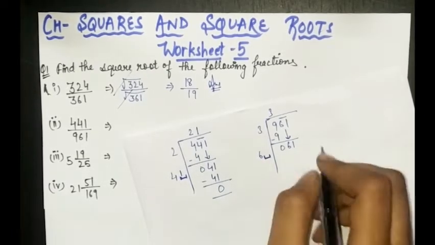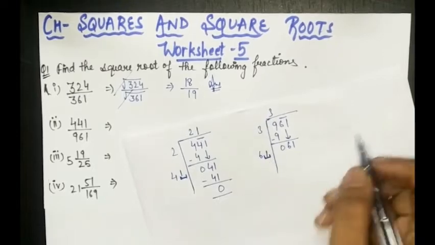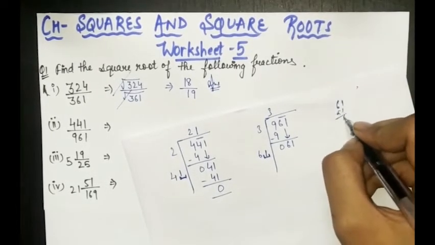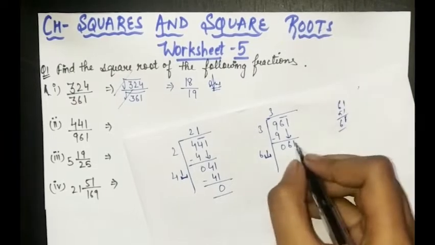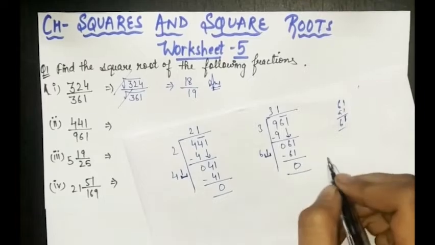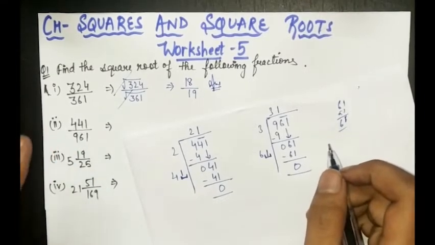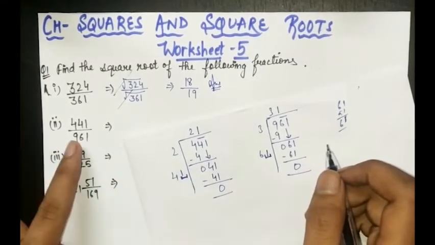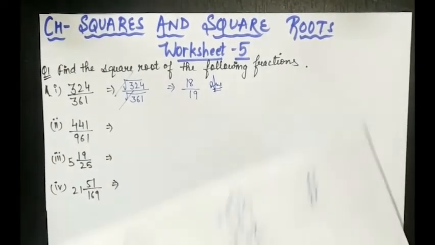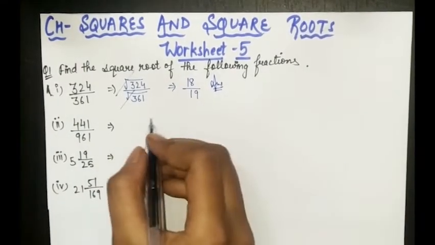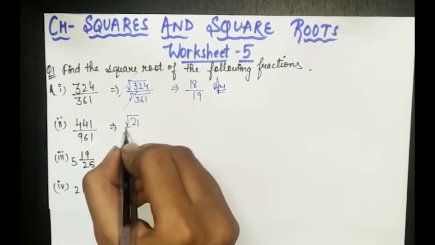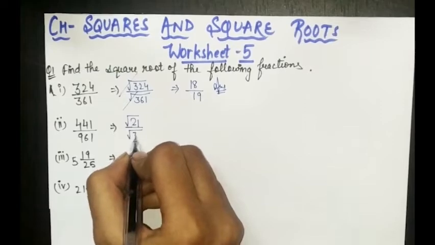Here it is completely divisible by 1, as 61 times 1 is 61. So you can simply write 1 here. So the square root of 441 is 21 and the square root of 961 is 31. So you can simply write this like, first you have to put root, that is 21, and then 31.